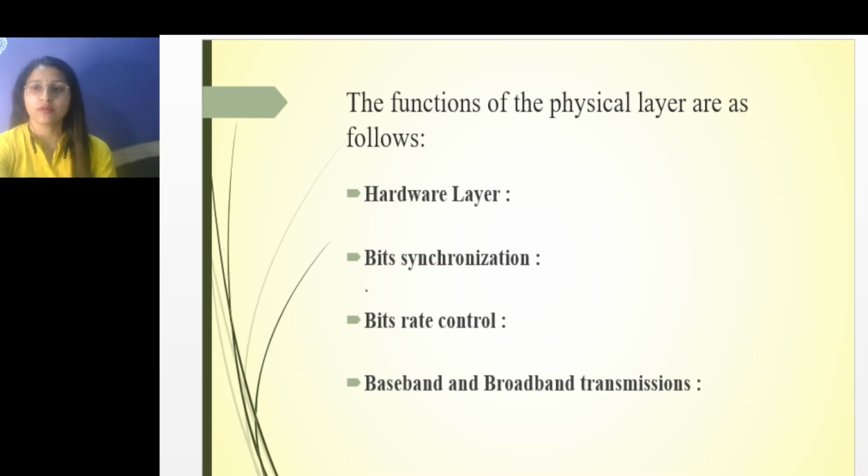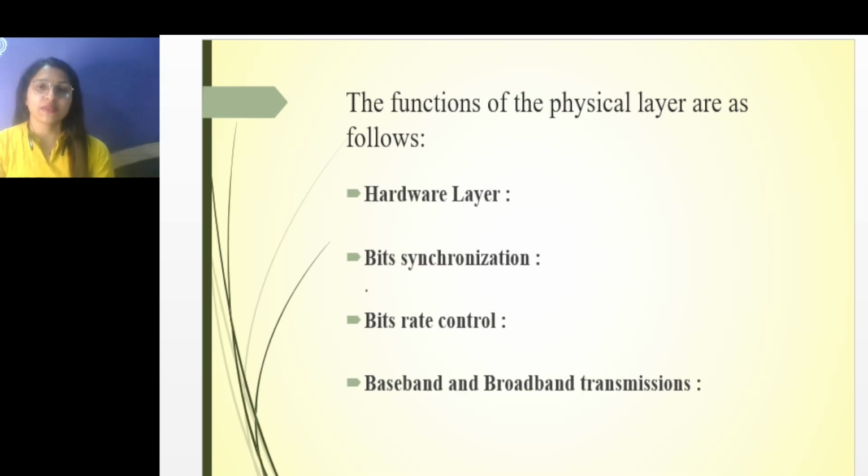Next is the bit rate control. That is how many bits should be passed per second from sender to receiver. It should not overwhelm the receiver, neither should it be very slow. So that is bit rate control. Next is the baseband and broadband transmission. What do you understand by baseband transmission?